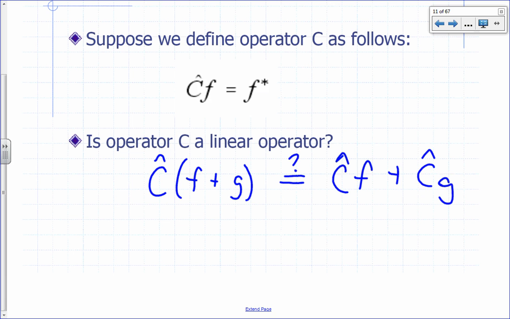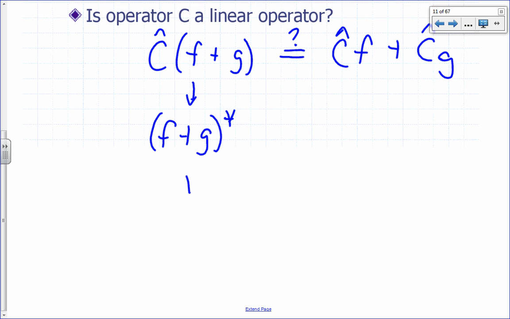So is that equal? Well, what do you do? If you have C operating on anything, f can be anything, so you just take the complex conjugate of whatever that thing is. So this is just going to be (f plus g) star. If you want to take the complex conjugate of anything, you take the complex conjugate of everything in there. Anything that's got an i, you replace by negative i.